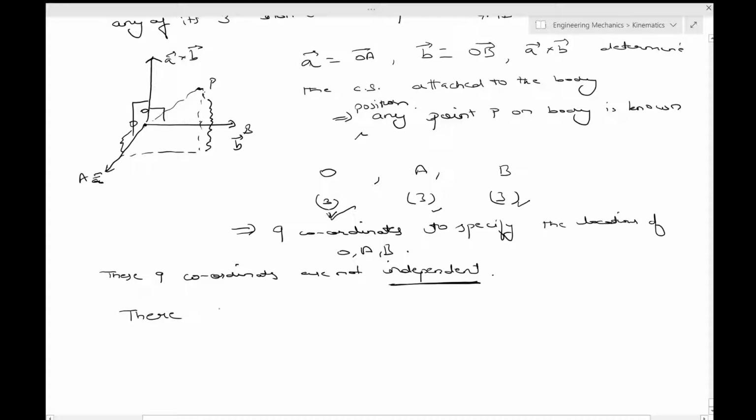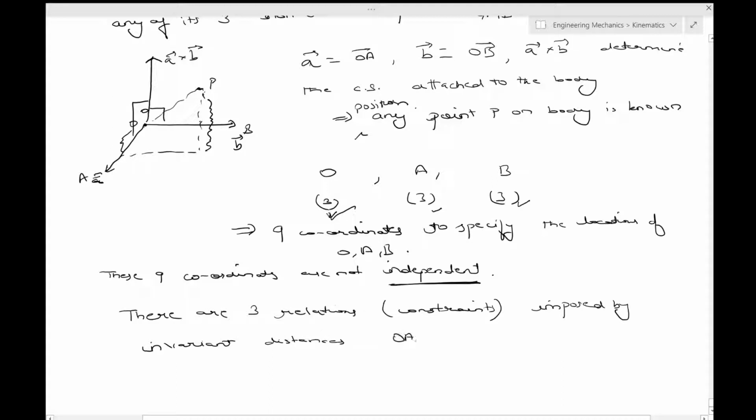There are 3 relations, or the so-called constraints, imposed by invariant distances OA, AB and OB.